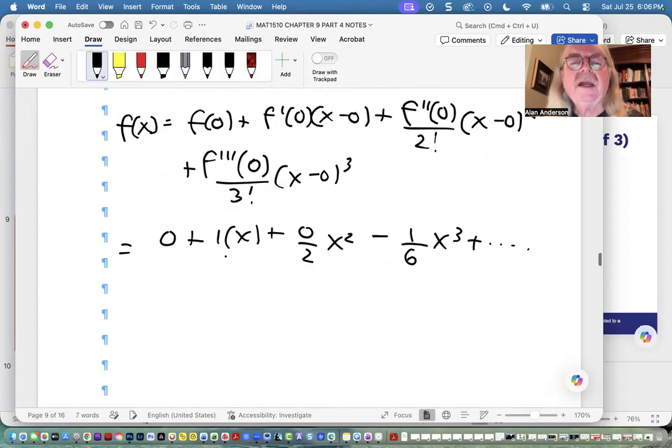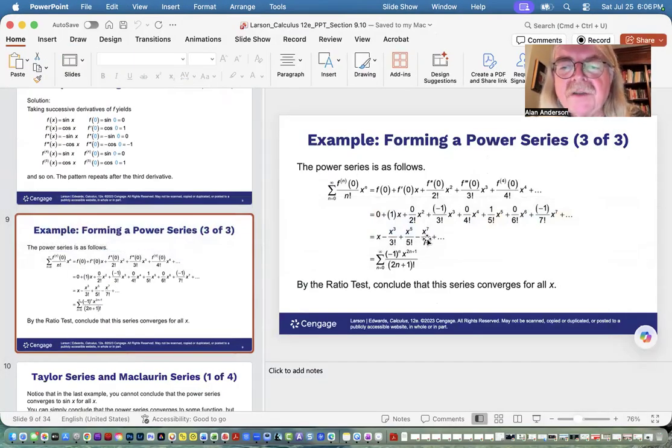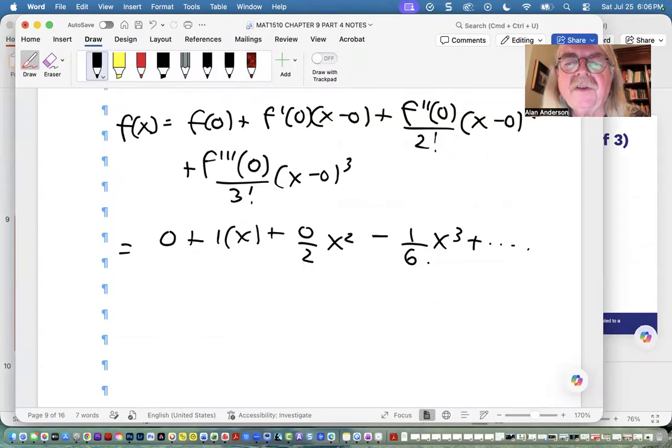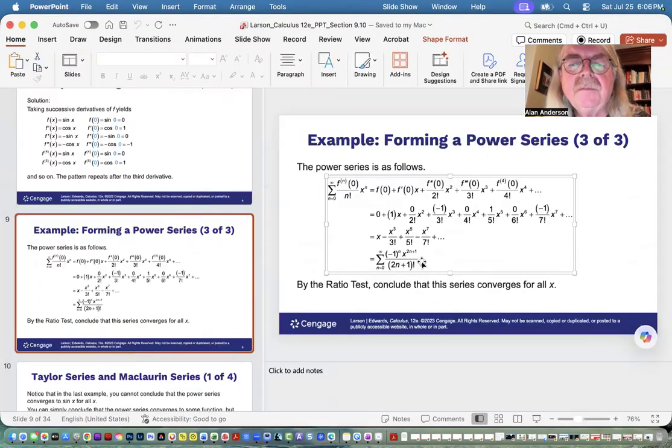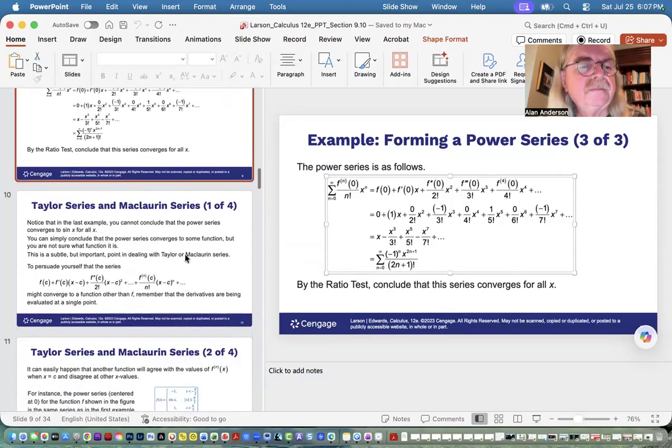And it just goes all the way out. So they are showing us that it's x minus x cubed over 3 factorial plus x to the fifth over 5 factorial, and then on and on. Then they simplified it into this form so that they could take the ratio test, and they found that this converges for all x.